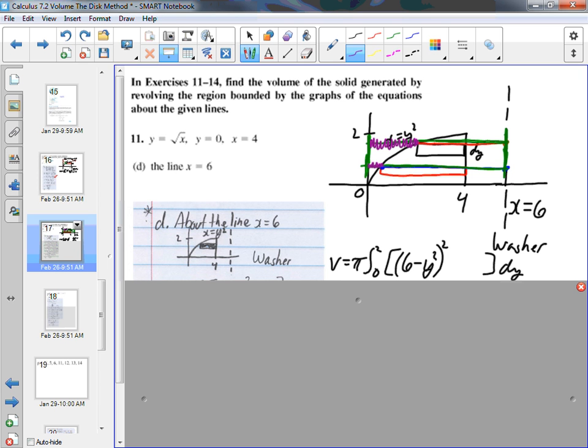And what is that distance? It's still whatever the x-coordinate would be at that point. And that x-coordinate, I'd love to be able to put an x right there, but it screws that up, doesn't it? So since I can't put an x right there, I put what x equals, which is y squared. Okay? Does that help everybody? I saw a few people nodding. That must have helped. Okay?